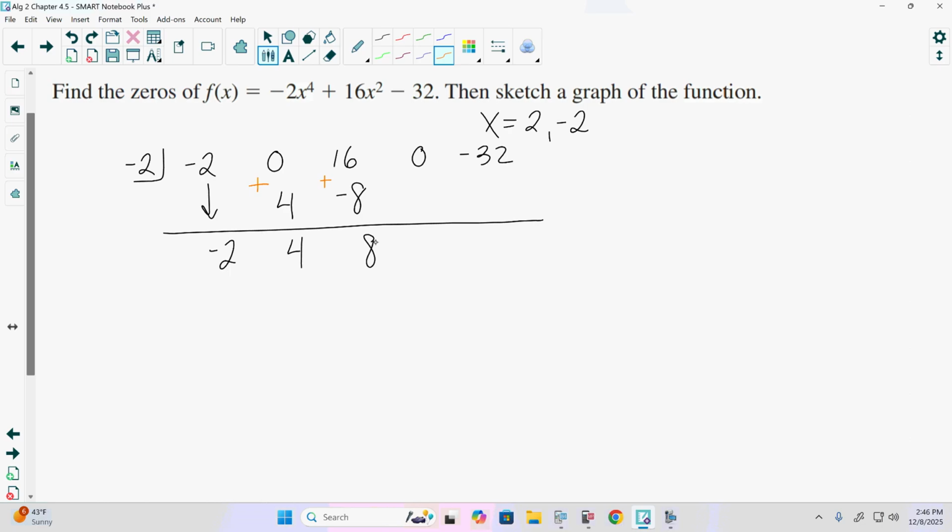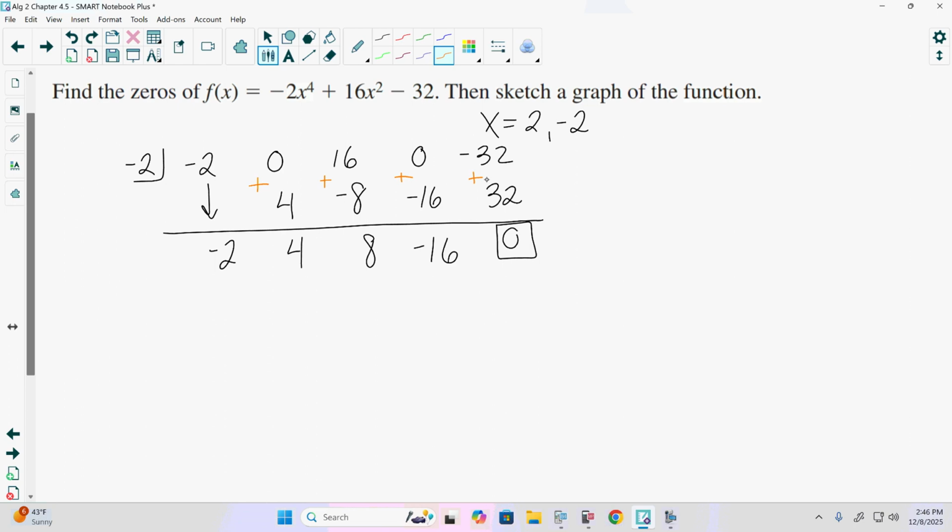Negative 2 times 8 is negative 16. 0 plus negative 16 is negative 16. And lastly, negative 2 times negative 16. Well, a negative times a negative is going to be a positive. 2 times 16 is 32. And negative 32 plus 32 is 0. And that's what we wanted.